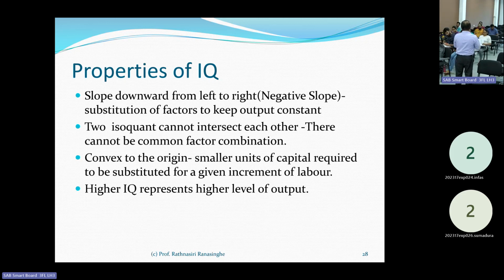Here we add a T because we combine the factors with technology, so we call it MRTS, the marginal rate of technical substitution. It is negative, and it is the slope of the isoquant.